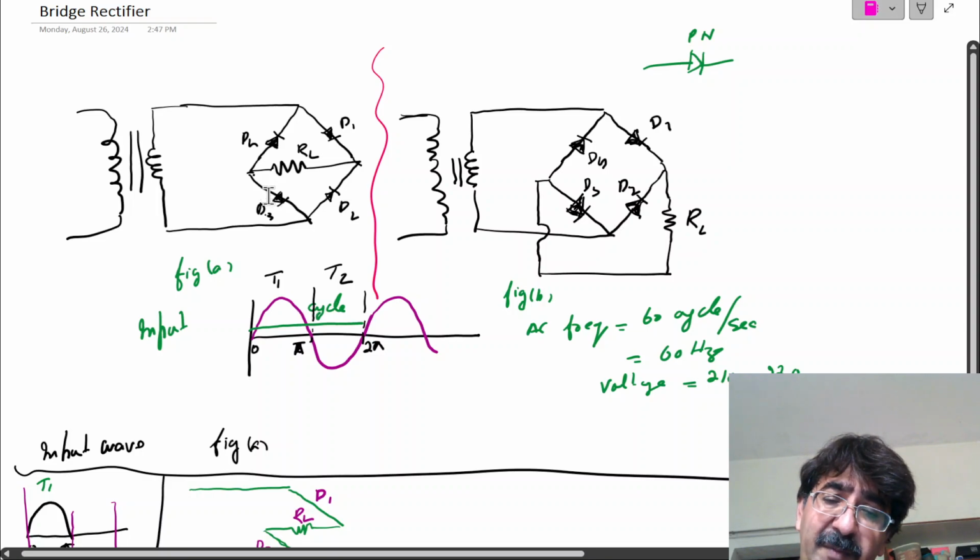So current will pass through the load resistance, and from D1, D2. D1 is receiving the negative voltage, which has a lower value and drops after passing through the load resistance.